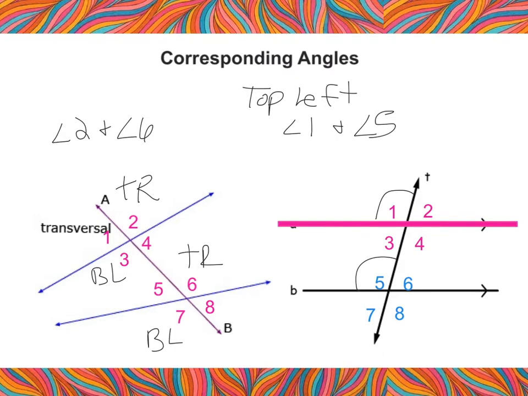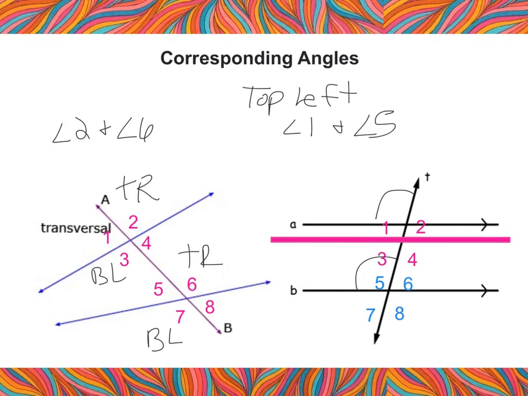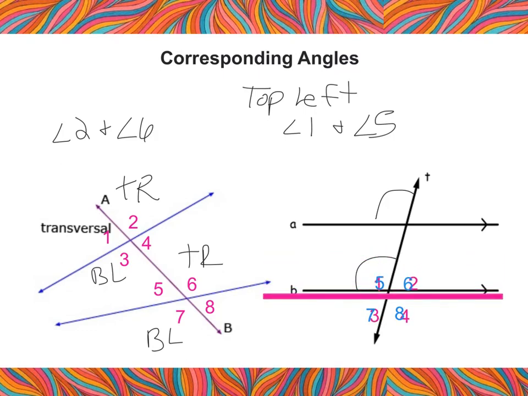All right, so if we can go back to the situation where we have two parallel lines. You saw me earlier move this pink line down on top of line B. So look again at what happens when we do that. Angles 1 and 5 are really the exact same angle.